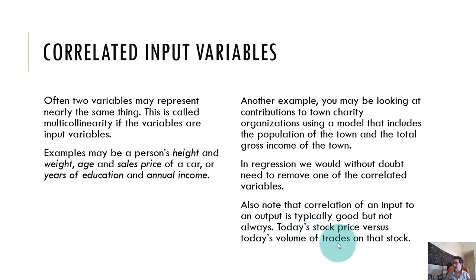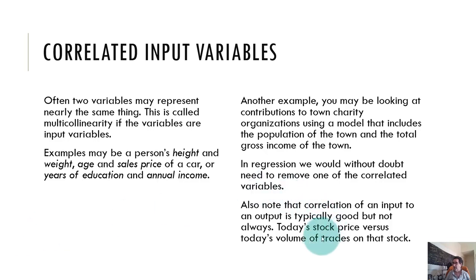Why? Because this information on today's volume is not available before the price data. So if they're both coming out at the same time, we can't use one to predict the other. And that is an important thing to think about in all of the machine learning attempts that you make. So if one thing appears at the same time, you can't use it as an input variable.